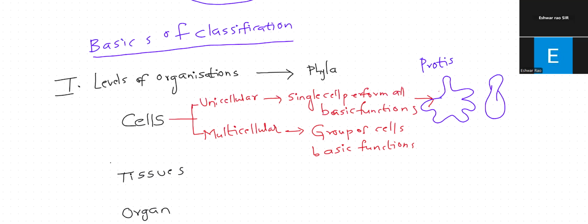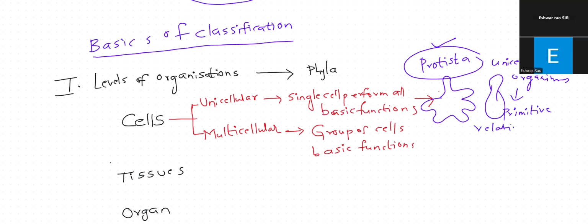Unicellular organisms are placed under kingdom Protista, and these are placed under protozoa, where they are considered the primitive relatives of the animal kingdom.